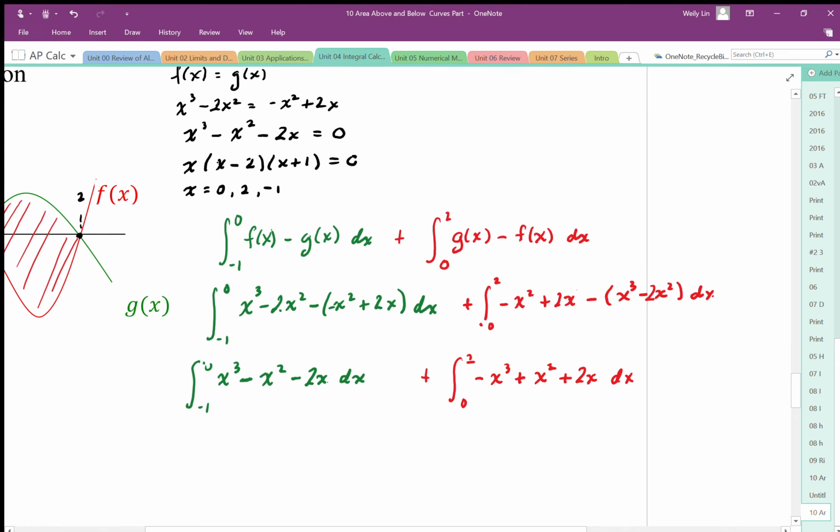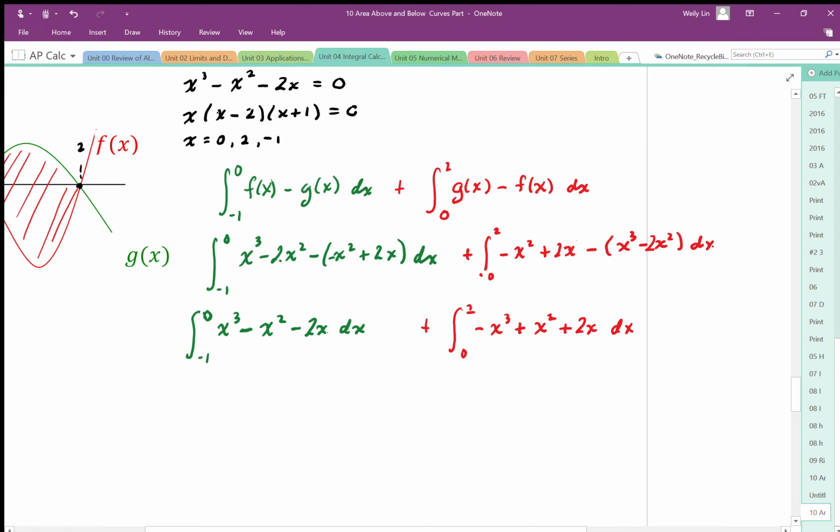Okay, so then I anti-differentiate this and work out the integral. That's going to give me the area. So this ends up being x to the 4th over 4 minus x cubed over 3 minus x squared. And I'm going to integrate that from negative 1 to 0.